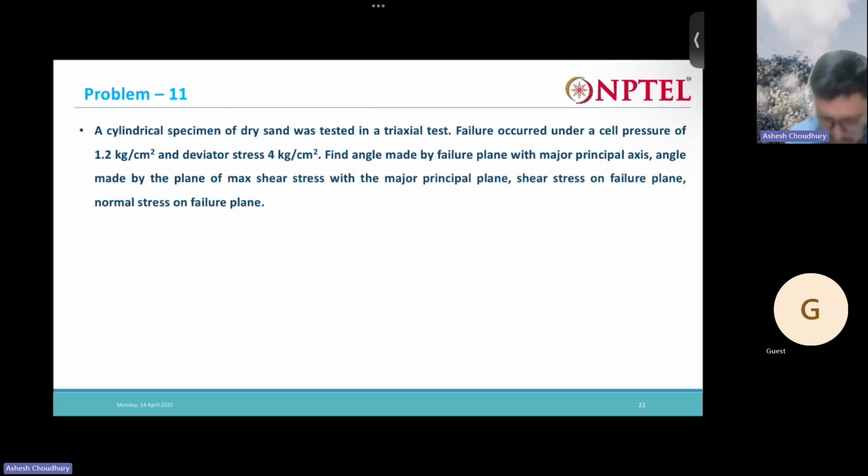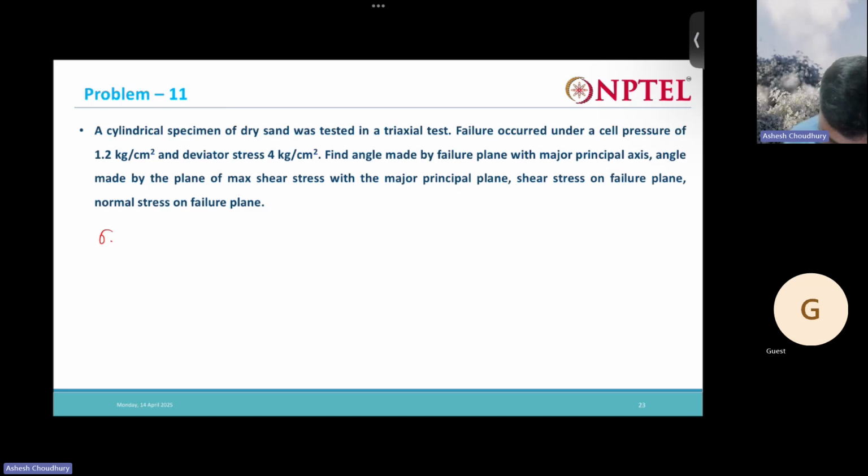Okay, and last problem for today. A cylindrical specimen of dry sand was tested in a triaxial test. Failure occurred under a cell pressure of 1.2 kg per centimeter square and deviator stress of 4 kg per centimeter square. Find the angle made by the failure plane with the major principal axis, the angle made by the plane of maximum shear stress with the major principal plane, the shear stress on the failure plane, and the normal stress on the failure plane.